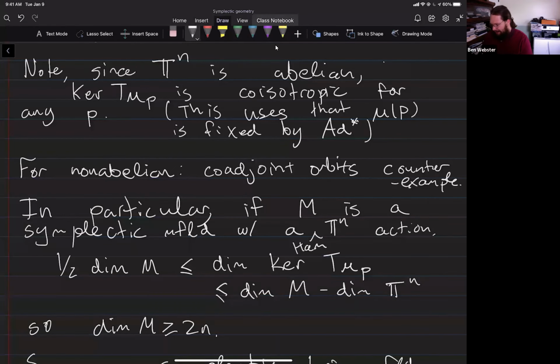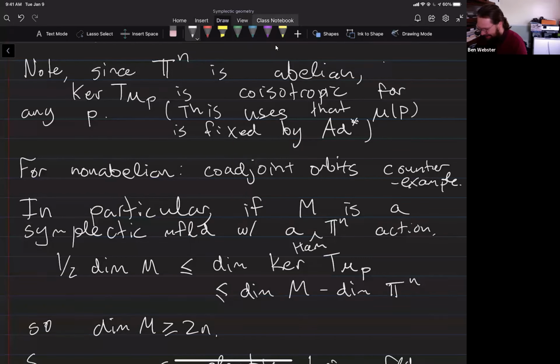But on the other hand, this is the kernel of a map from the tangent space of M to the tangent space of T^n. So the biggest the kernel could be, have I got this wrong? Right, because the kernel could be bigger than that.